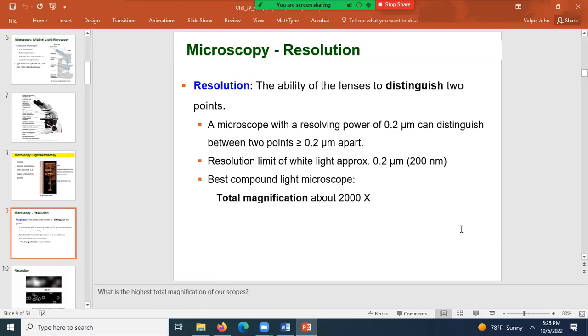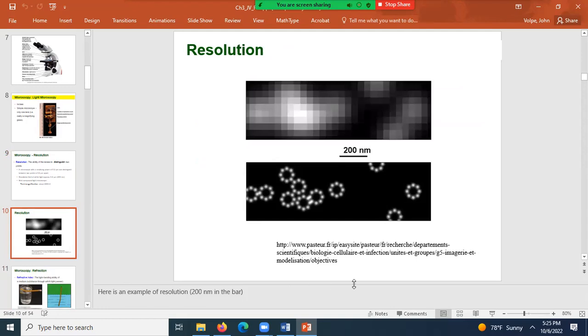All right, you should know the resolution is the ability of the lens to distinguish 2 points. Let me show you in the next picture. So these 2 objects, we'll call it that, 2 points, can be resolved. Here is the magnification under the microscope, and I don't know if this is an artist's rendition or what we're viewing, or if this is an electron microscope.